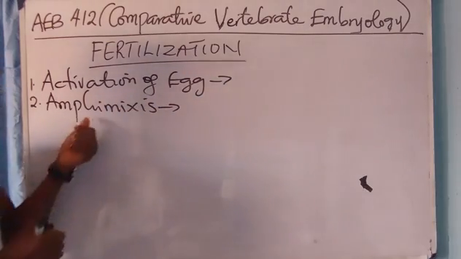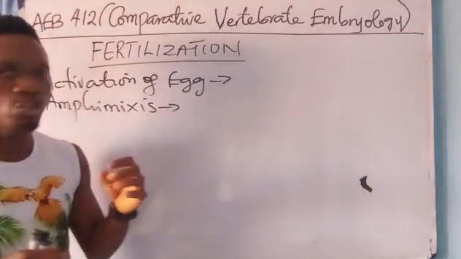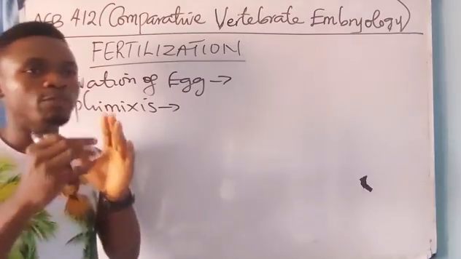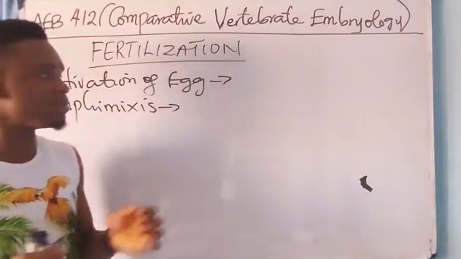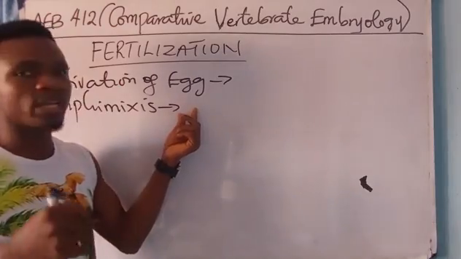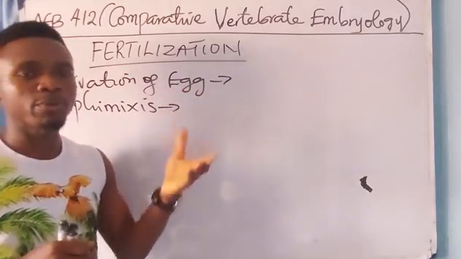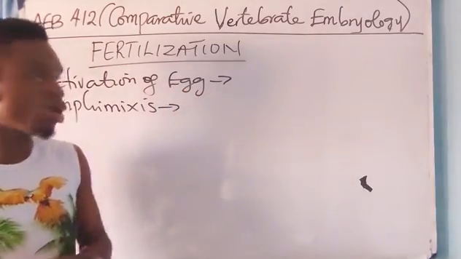Another name for this amphimixis is sexual reproduction. It is a fusion of the nuclei of the male and female organism to produce the zygote, and of course there is a transmission of genetic material from the parents to the progeny or the offspring.